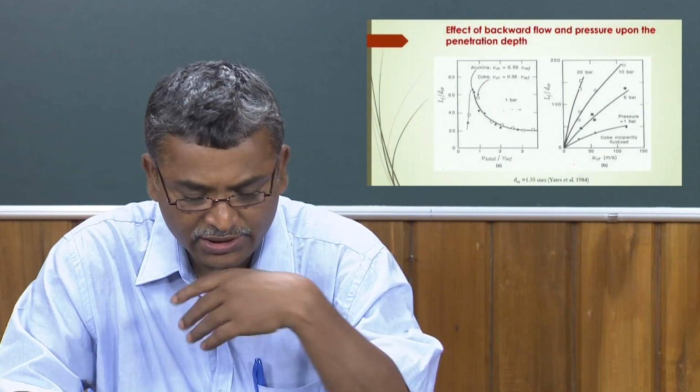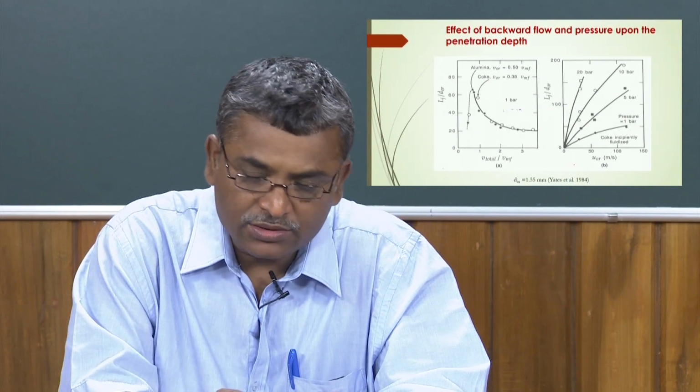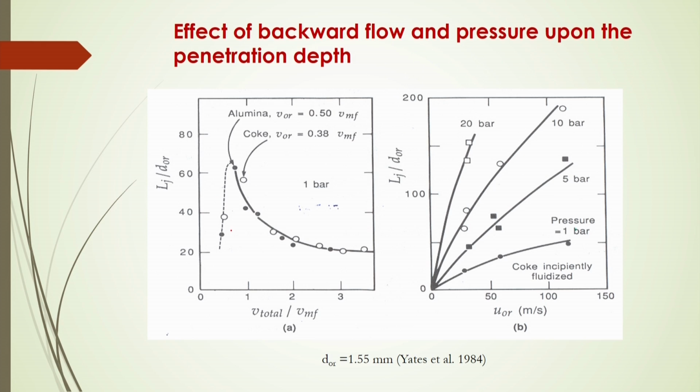Now, the effect of backward flow and pressure upon the penetration length. You will see that the jet penetration length decreases exponentially with the total flow rate of the gas, and it will also decrease if you decrease the pressure. For high pressure, this penetration length will be higher.